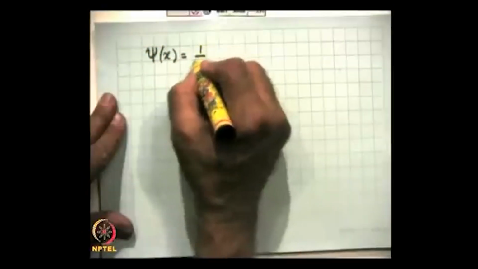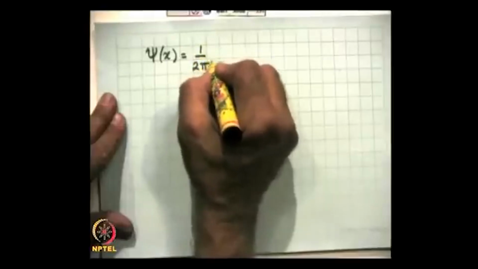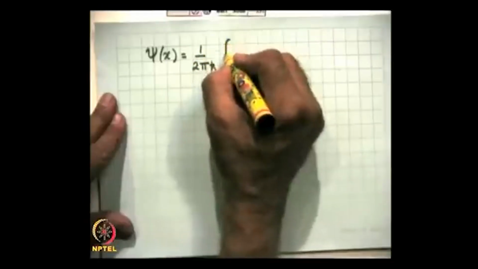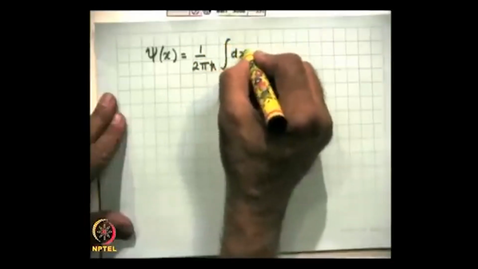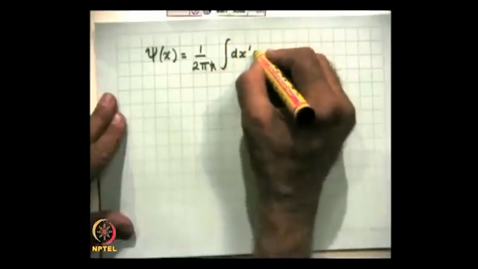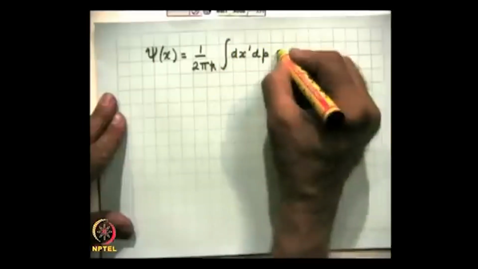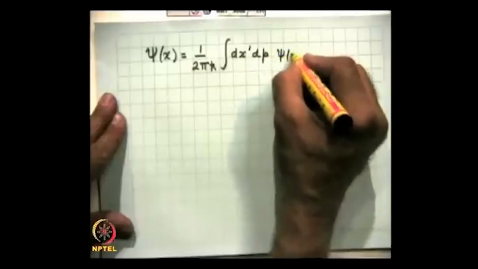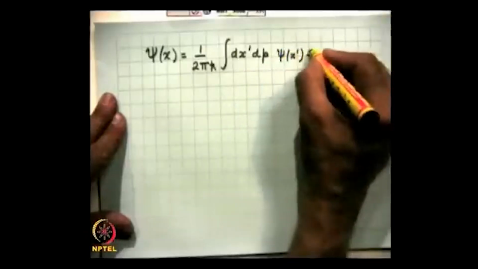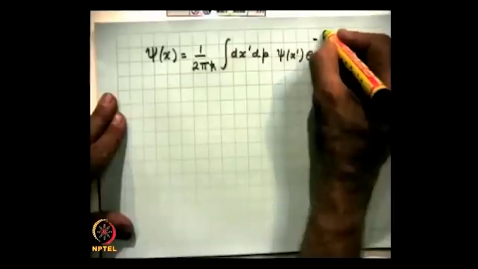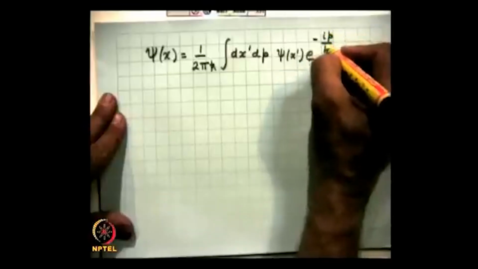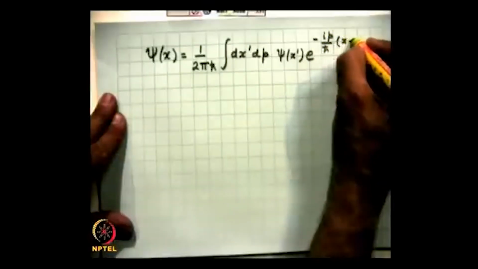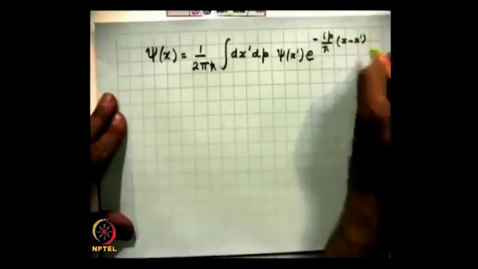So, what I will get is psi of x is equal to 1 over 2 pi h cross, where one integral is over x prime and one integral is over p. So, psi of x prime e to the power of minus i p by h cross (x minus x prime). That is it.